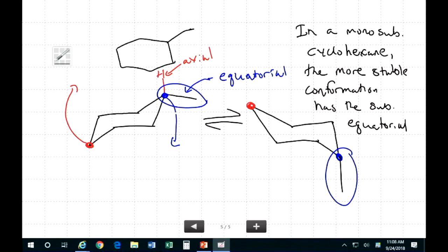So if we're comparing these two cyclohexane conformations, this one is more stable.